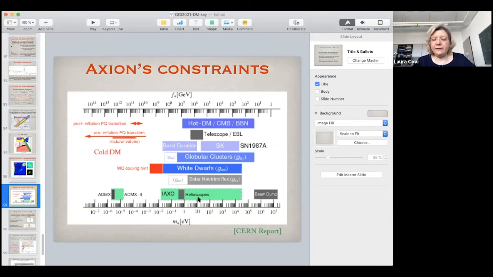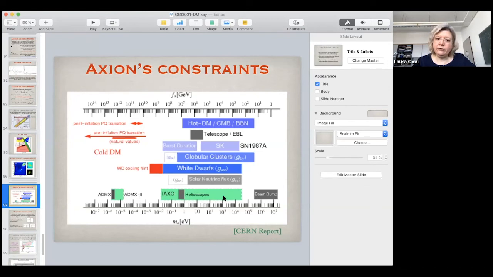And here, for example, what is shown in green are these helioscopes. The helioscopes are experiments which try to measure the axion coming from the sun. As we already discussed, the cooling mechanism would work also in the sun, so the sun would continuously emit axions.